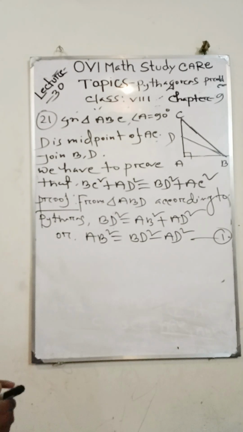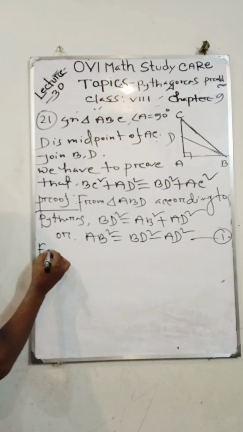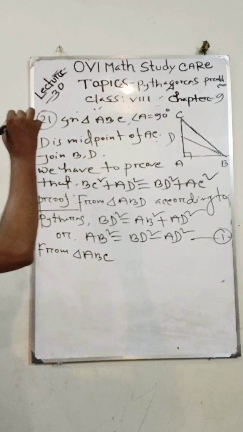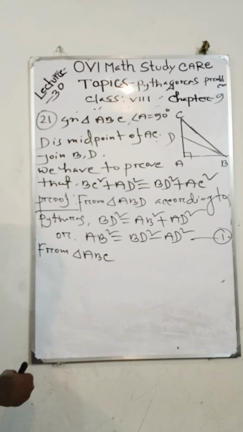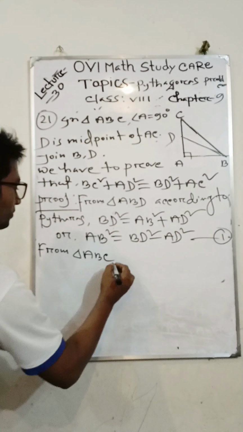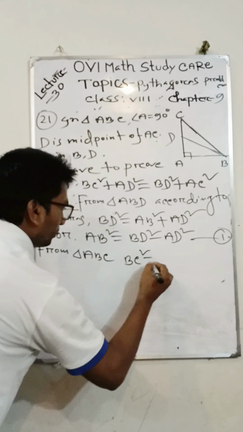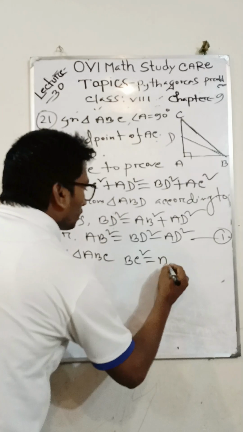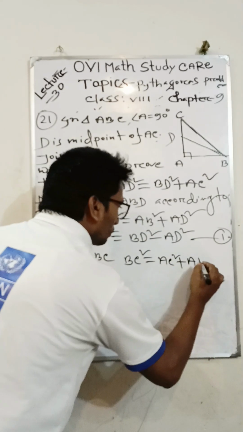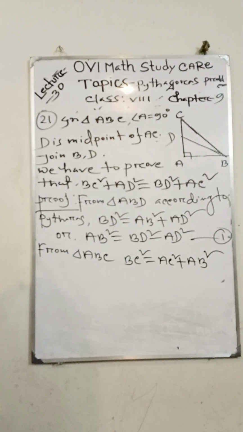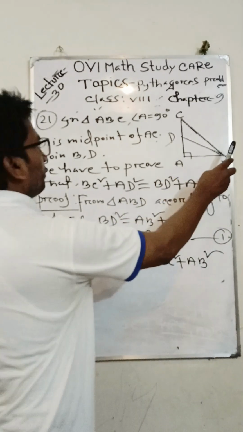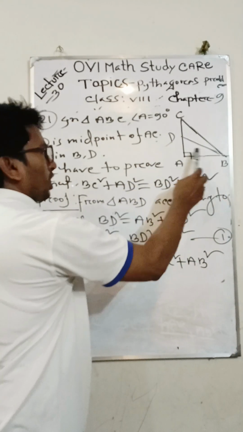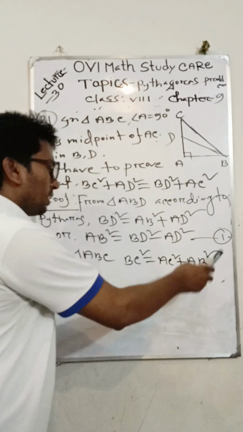Dear students, in the triangle ABC, according to Pythagoras, we can write BC square, the hypotenuse square, equal to the other two sides square, AC square plus AB square, or AB square plus AC square.